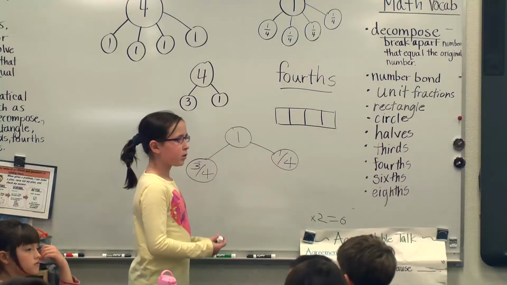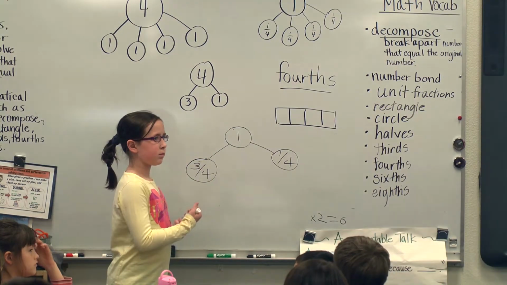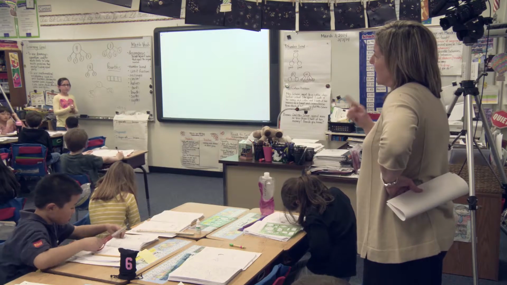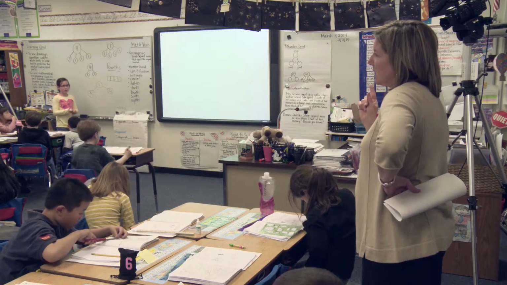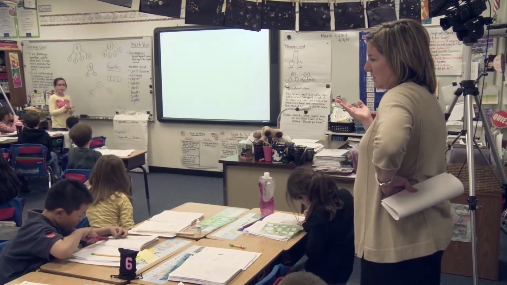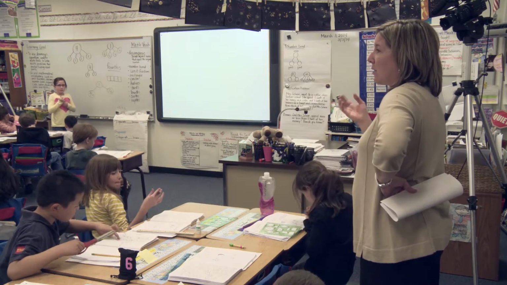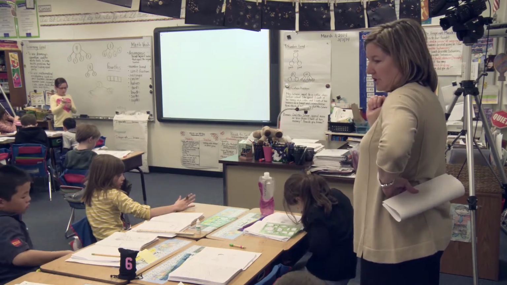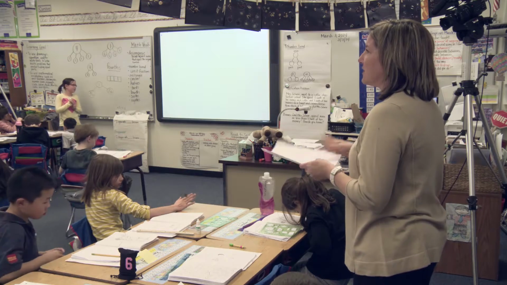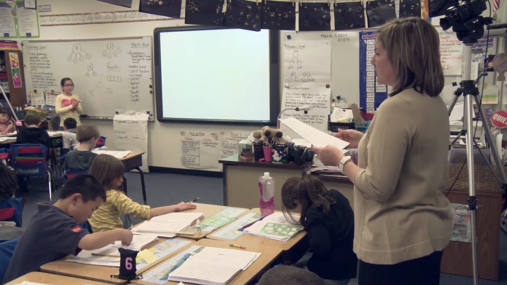Wait, you just said something interesting. 3/4 is 3 copies of 1/4. And what is 1/4? 1/4 of the whole. Is it a unit fraction? Yes. Right, because let me read the directions again and look at her solution.